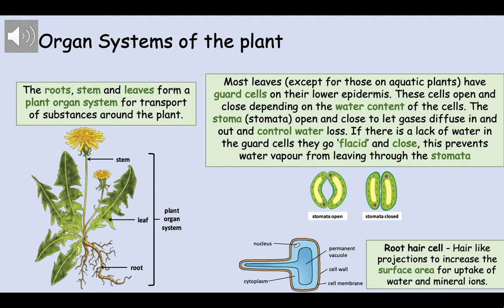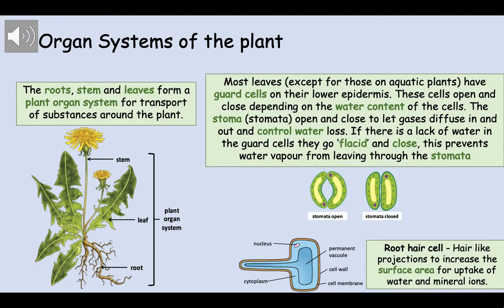And you'll see in that picture where it says stomata open, that it's then going to produce a hole or a pore in the leaf. That pore allows gases to exchange, and more importantly, allows water to escape and evaporate off the leaf. So there's a key specific structure in the leaf that we're going to discuss in a bit more detail, and it's important that you know exactly how that works.